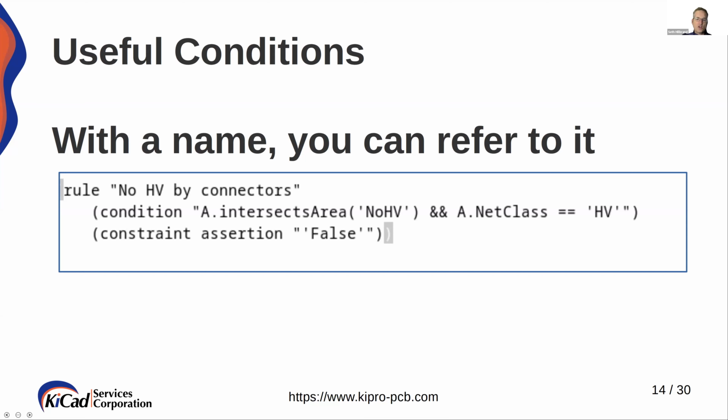This is a good rule that you can place in your board and use to avoid accidentally placing any of your HV elements, high voltage elements, inside an area you want to protect from high voltage.